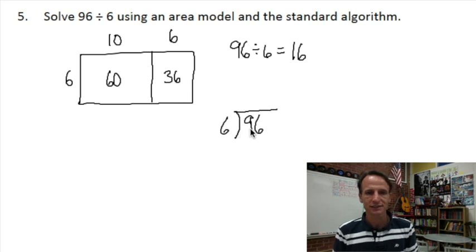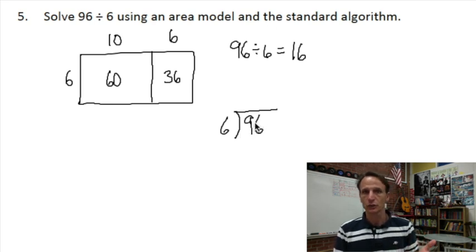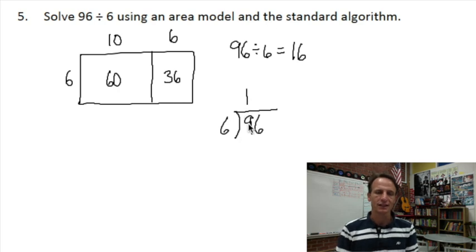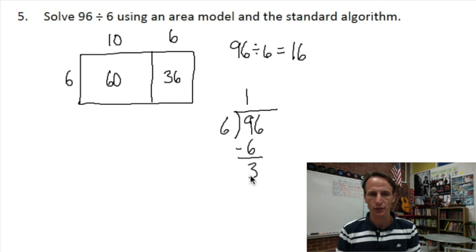How many 6s in 9? 6, 12, oh, okay, yeah, just 6, right? When we skip count 6, we can't go to 12. So there is 1 6 in 9, because 1 times 6 is 6. We subtract, and we get 3.